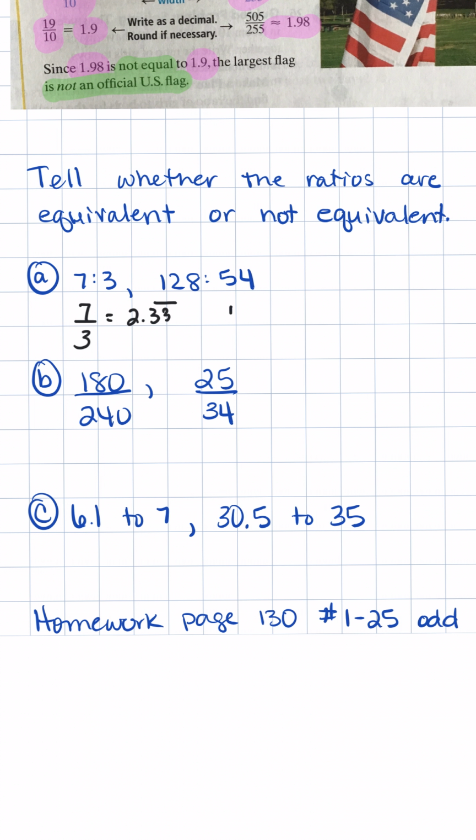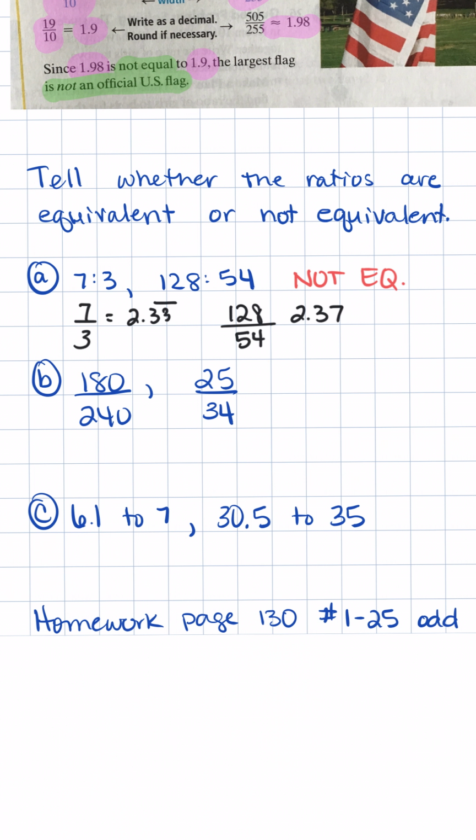If we take 128 and divide that by 54, that equals 2.37. So they are not equivalent. I'm just going to abbreviate it.